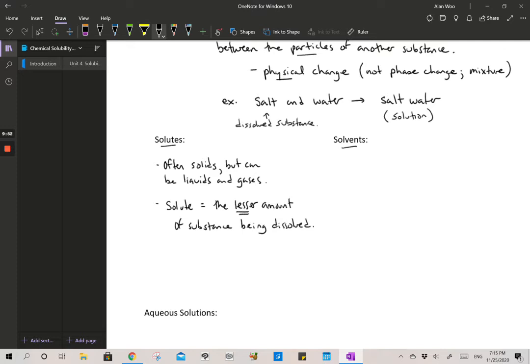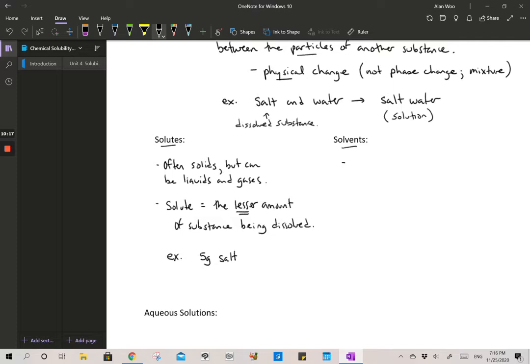Okay, so for example, if we take our salt and water example, we often would dissolve, let's say, 5 grams of salt. If it's only 5 grams of salt, that means our solvent, the other substance, has to be in greater amount.